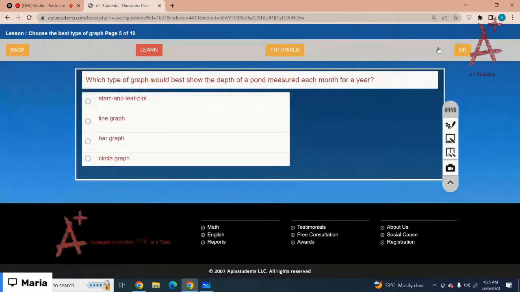Okay, which type of graph would best show the depth of a pond measured each month for a year? So, which is the correct option?